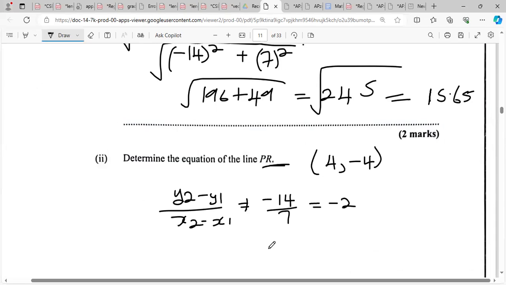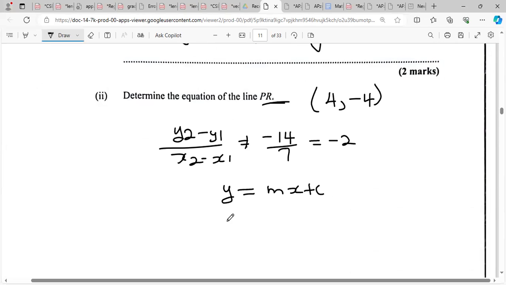y is equal to mx plus c. Since we know the gradient m, we want the y-intercept. y is going to be negative 4, and m, which we just calculated, is negative 2. x in this case is positive 4, plus c.